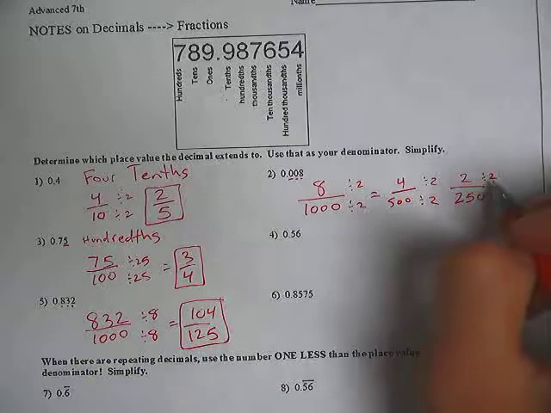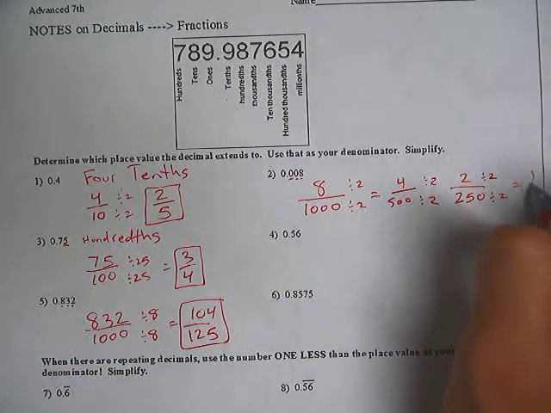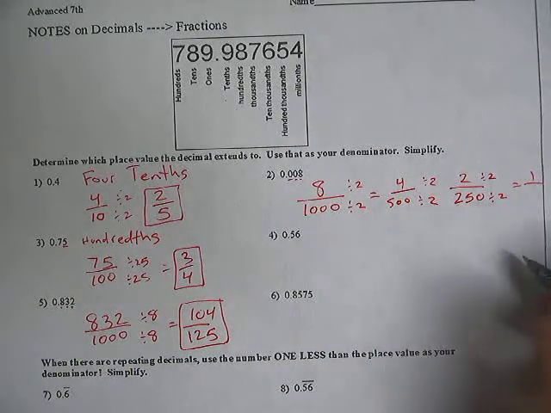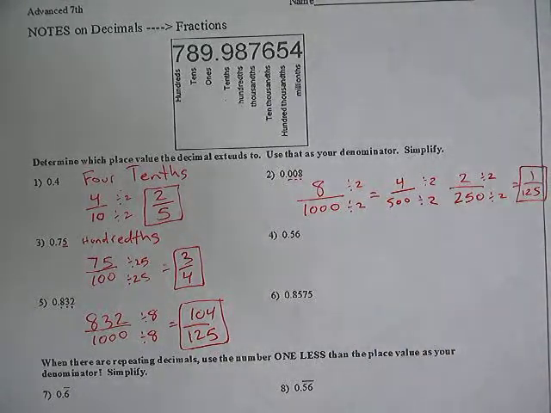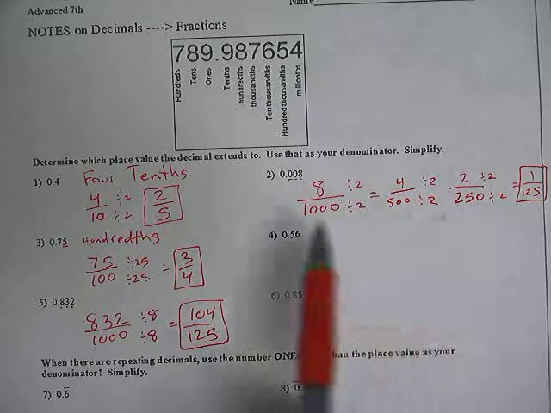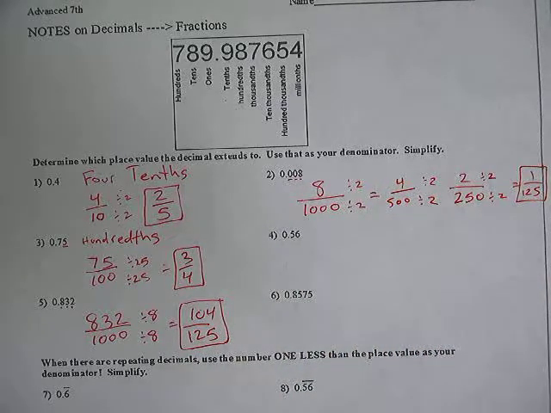I'm going to divide by 2 again. I'll zoom out a little bit for you. 2 divided by 2 is 1, 250 divided by 2 is 125. So my final answer here is 1 over 125. Now again, I'm not going to put ones that large for you to simplify, even though that one I don't think is too difficult for you.